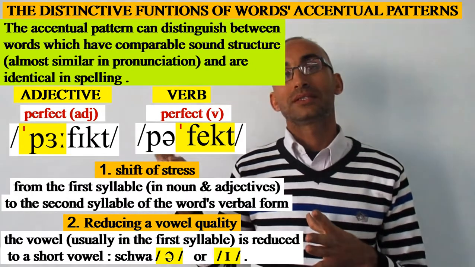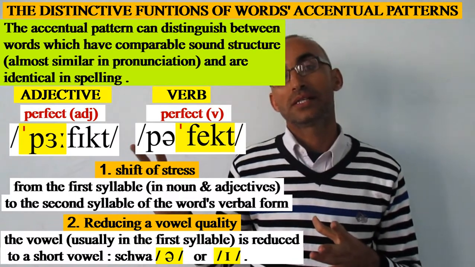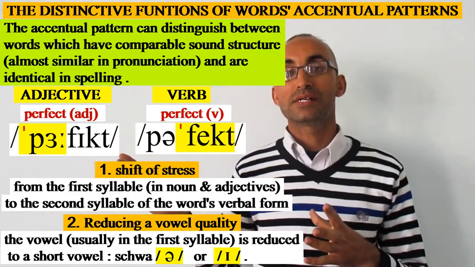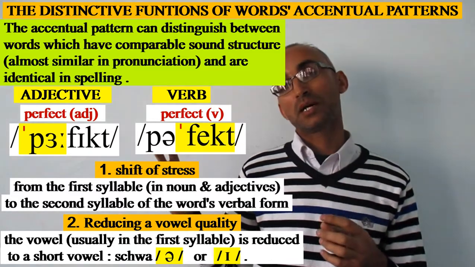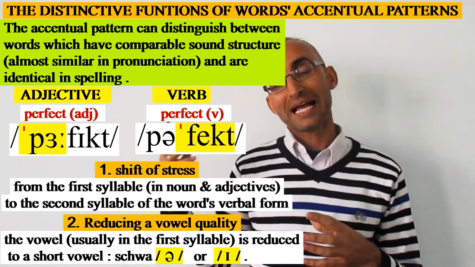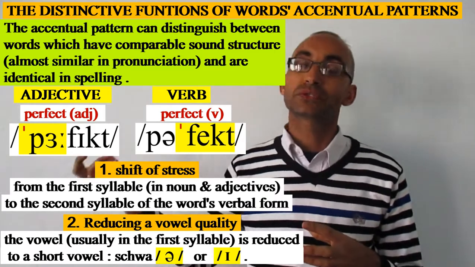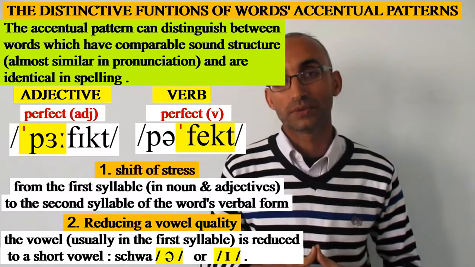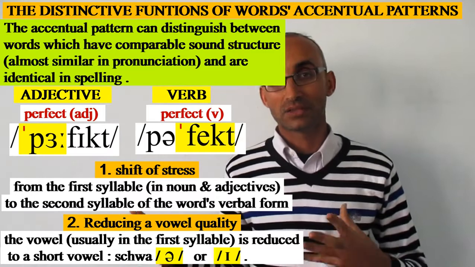So these two changes, these two shifts, which are the stress placement shift as well as the reduction of the vowel, mainly the first vowel in this word, to schwa, help us distinguish between the grammatical categories of the two words. The first is an adjective, the second is a verb. So the change in the accentual pattern of a word can shift its grammatical function, as you see here.